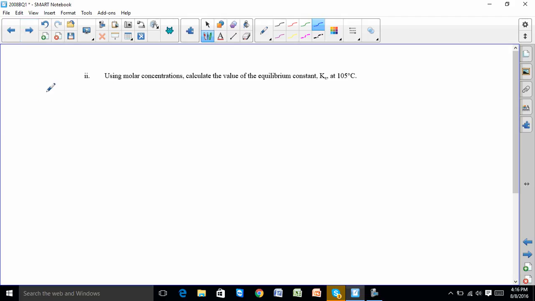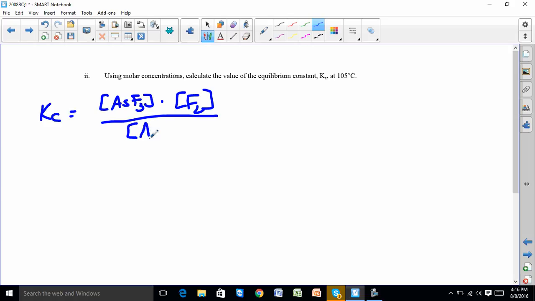Using molar concentrations, calculate the equilibrium constant. So remember, earlier we learned that this was the concentration of AsF3 times the concentration of F2 all over the concentration of AsF5. So if we plug this in, we get 0.00867 times 0.00867.